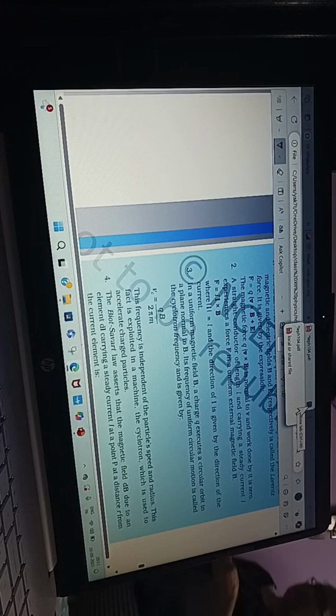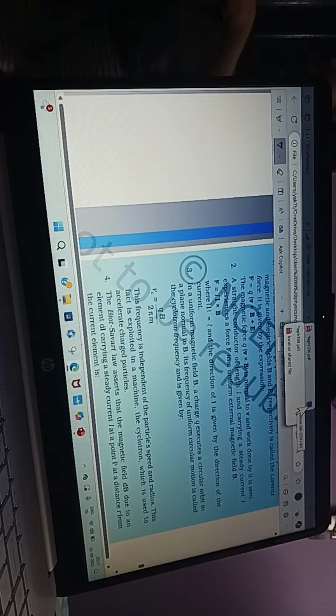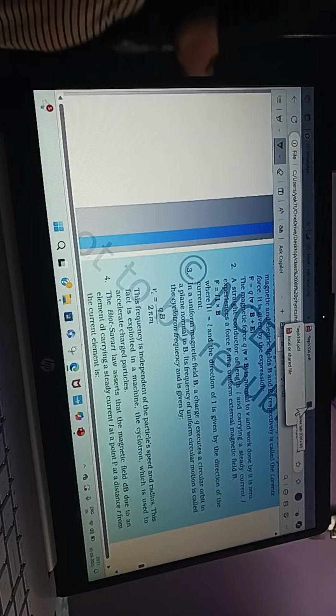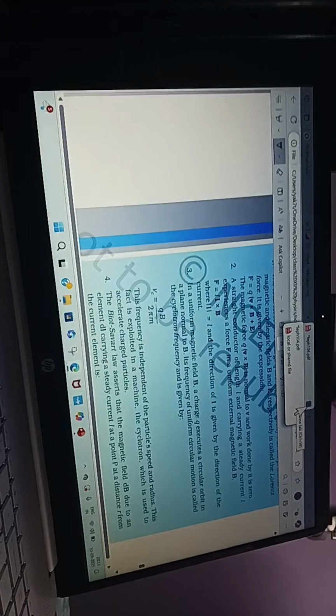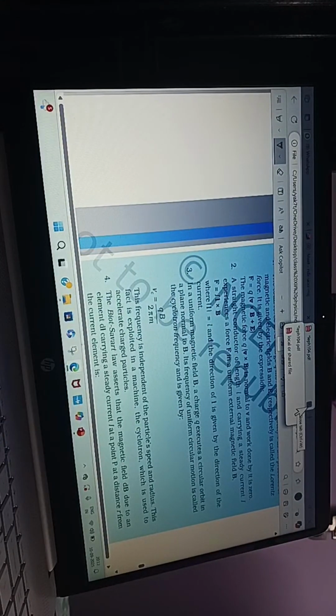I've been writing the notes, sir. Then you take photos and send them to me. I will be happy to see, and I'll give confidence to your parents. They keep asking how, in what way you are doing. What way do I have to tell? Only I am explaining. I want to see your work, because I can't keep you online and do the work now. That is a great problem for me, because I have to cover the syllabus which is coming. Your pre-board is going to start. All that pressure is on me.